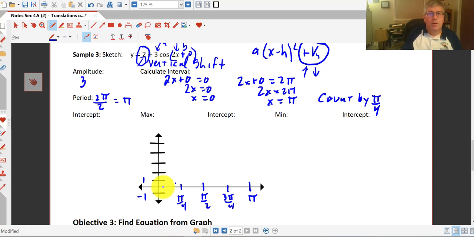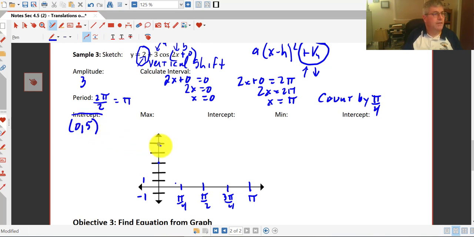So if we put 0 in for x, that was normally 1, wasn't it? It was normally 1, but now we have an amplitude of 3, so that's going to move us up to 3. But then we're adding 2 to that, so it moves us all the way up to 5. So our first ordered pair, our first point, is 0, 5.